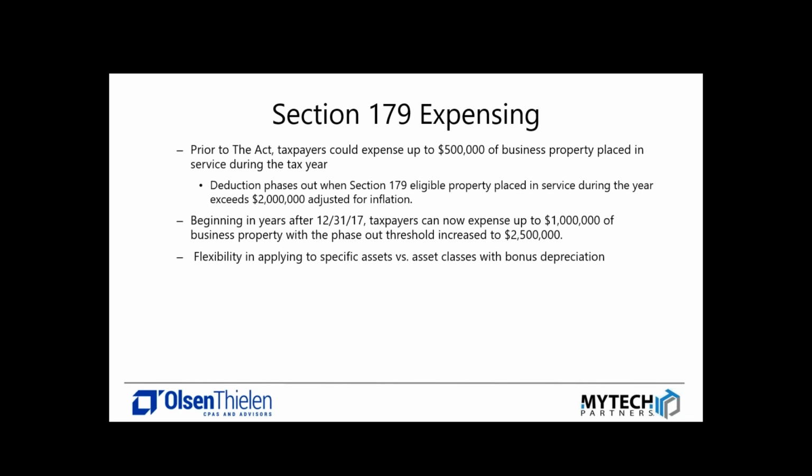Now they've made it even larger: you can expense up to $1 million of business property with a phase-out threshold of $2.5 million. And again, there's flexibility with Section 179 in applying it to specific assets, versus asset classes with bonus depreciation.